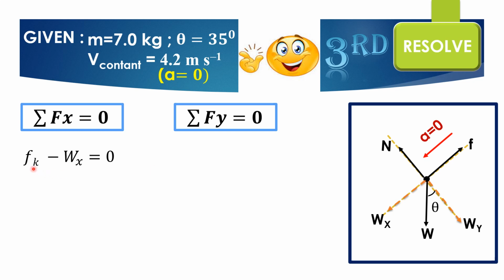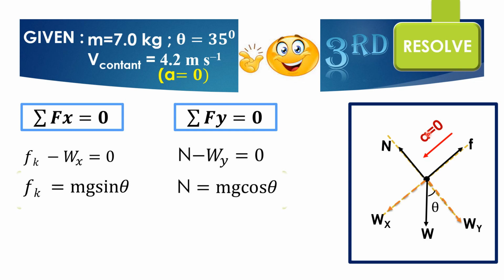So the frictional force here is positive because it is to the right from the origin. Weight x is negative because it is left from the origin. So from these two equations, we get a value of Fk and the formula for N.